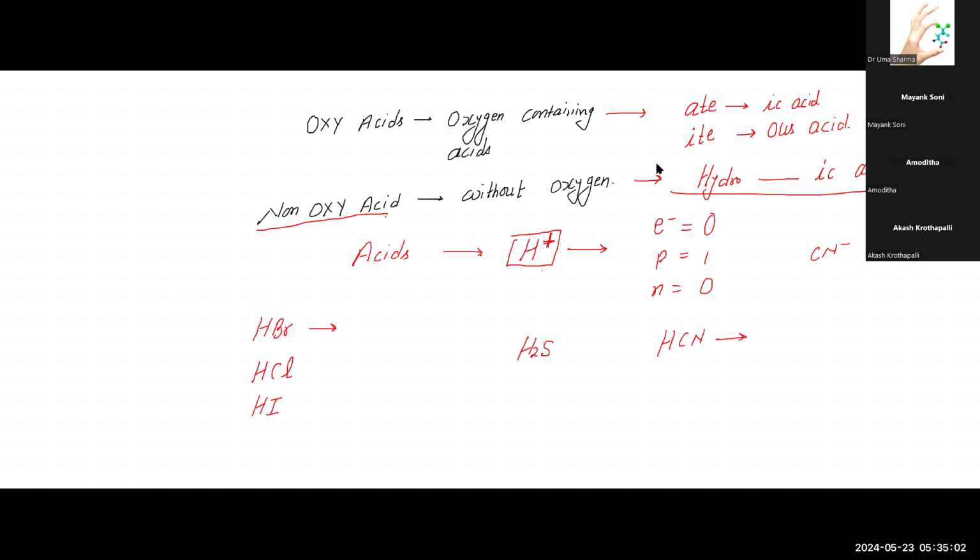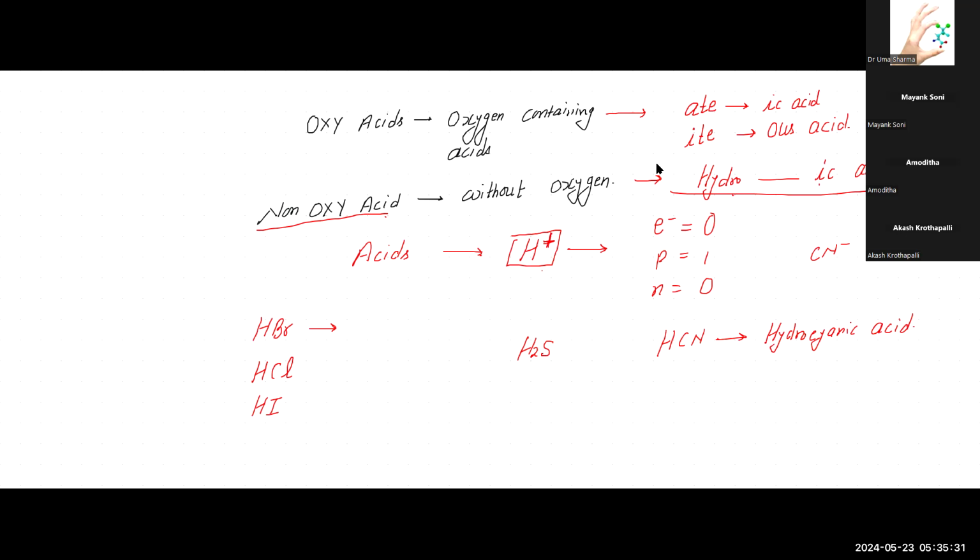No, follow the same rule. Hydro-ic acid. Hydrocyanic acid. Yes, Akash, very good. Mayank, understood? So that's how you have to name your non-oxy acids.